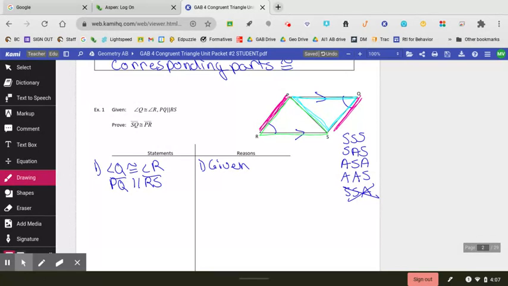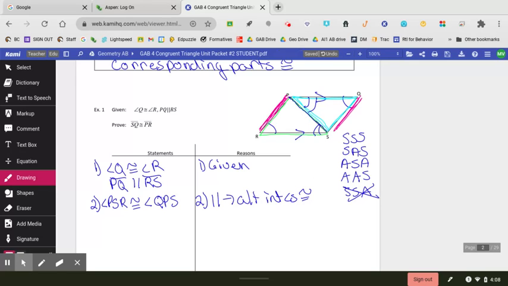So PQ is parallel to RS. There's a transversal there of PS. So I know that angle PSR is congruent to angle QPS, because if I know I have parallel sides, I have alternate interior angles congruent.